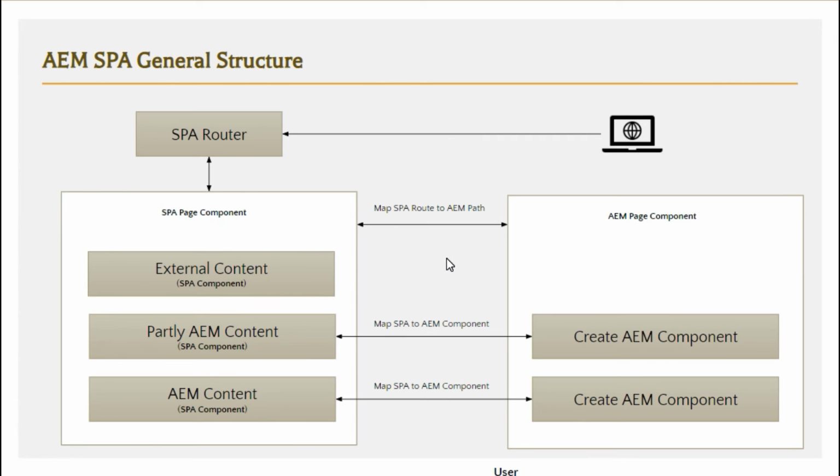When that call is made, AEM should know, for this particular URL, which AEM page it should use, what components are added in it, and what the component data is. To send that, it needs to have a mapping between the SPA URL and the AEM URL.